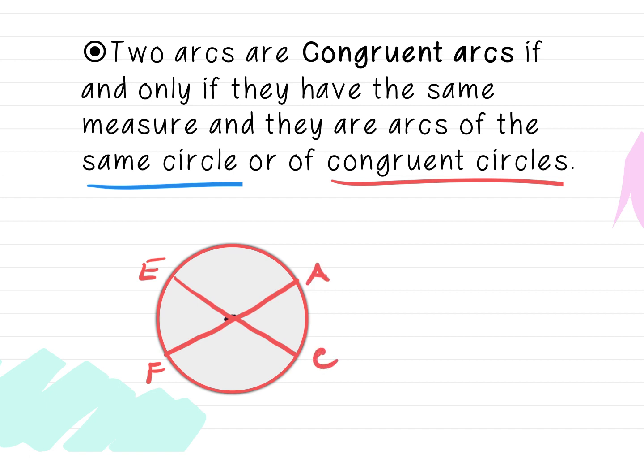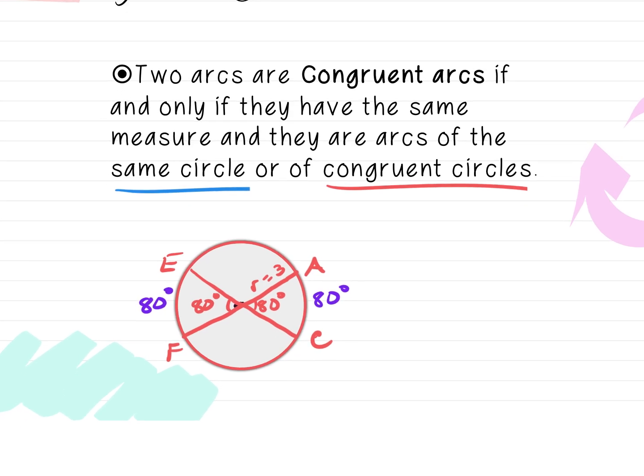A, C. So in this picture, if I tell you that the radius length here is 3, and if I give you that the central angle here is 80, also what I can determine, since this angle is 80, on this side will also be 80, because these are vertical angles. So because I have 2 congruent central angles, I also know that these arc measures, arc AC and EF, will also be 80.